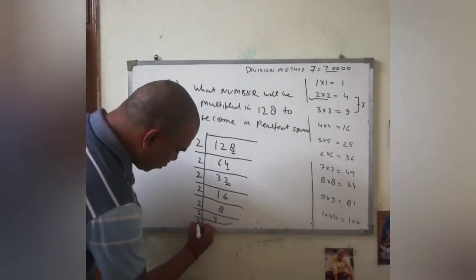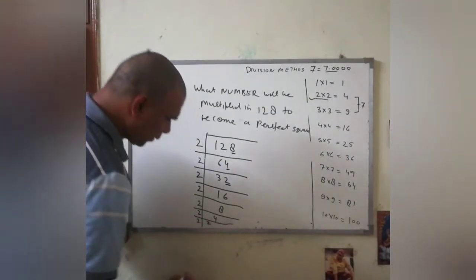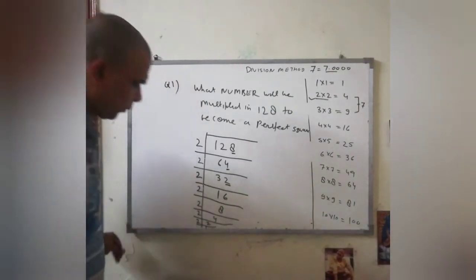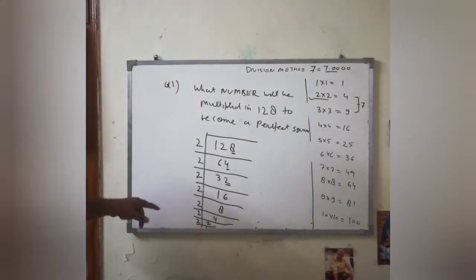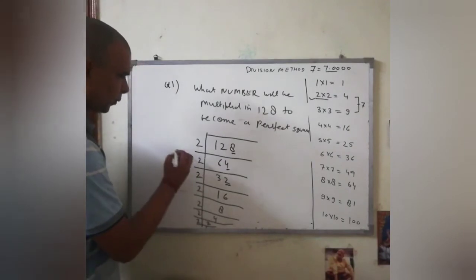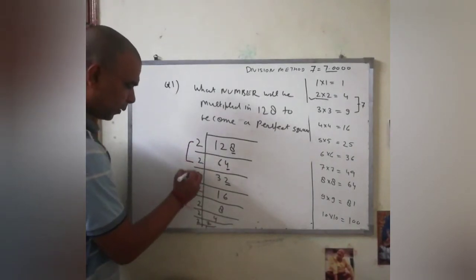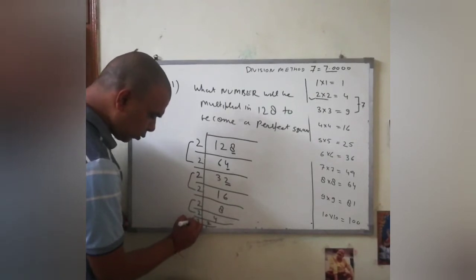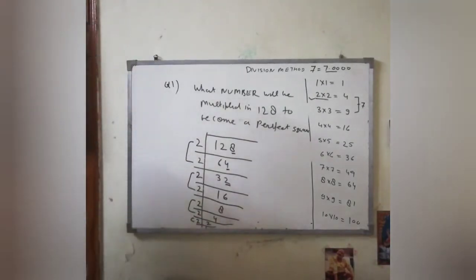You can use 2 here and 2, and after that 1 will be there. You can adjust. Okay, how many 2's are there? 1, 2, 3, 4, 5, 6, 7. So you can make pairs. This 2 is single.